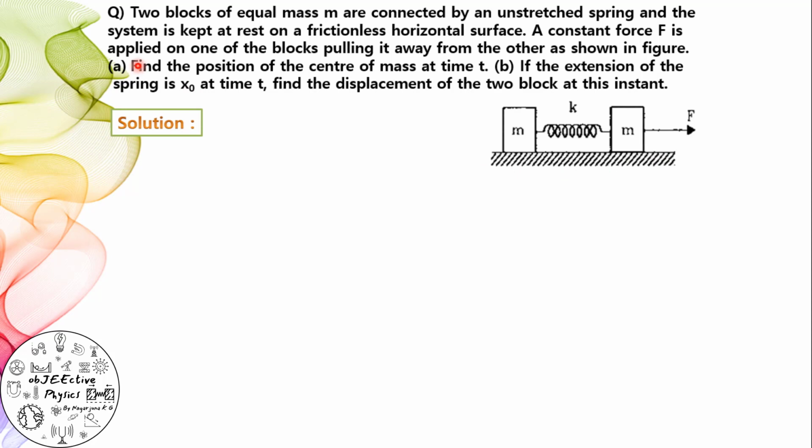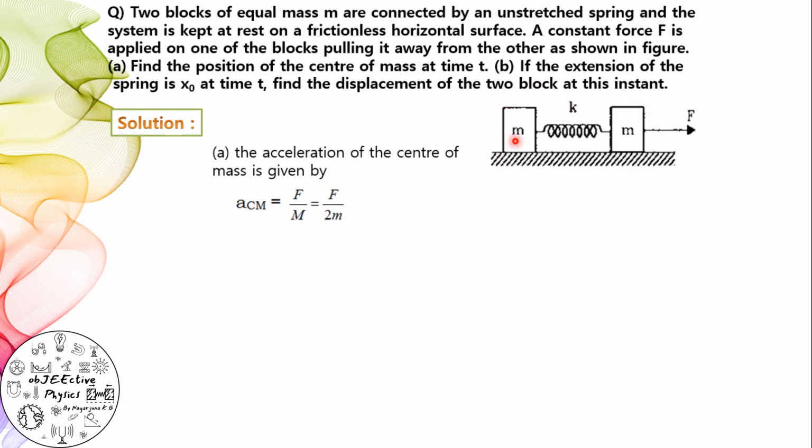Then, the first one is find the position of the center of mass at time t. For A, the acceleration of the center of mass is given by applied force or external force divided by total mass, according to Newton's second law. Therefore, ACM, that is the acceleration of the center of mass of this system.